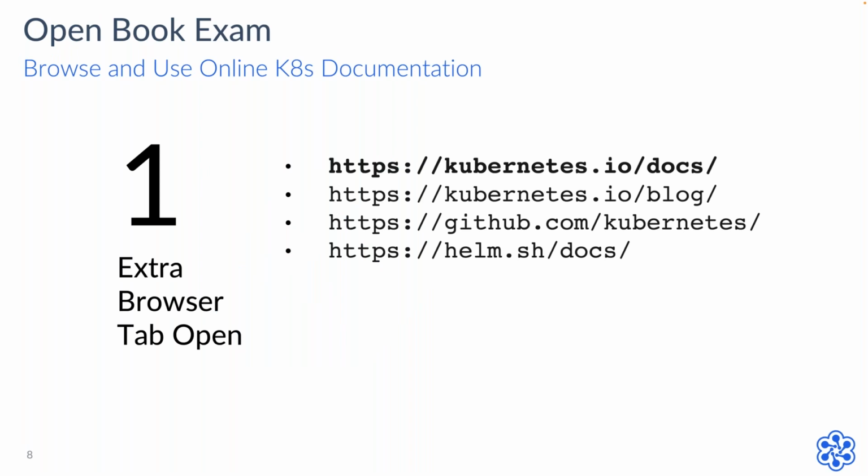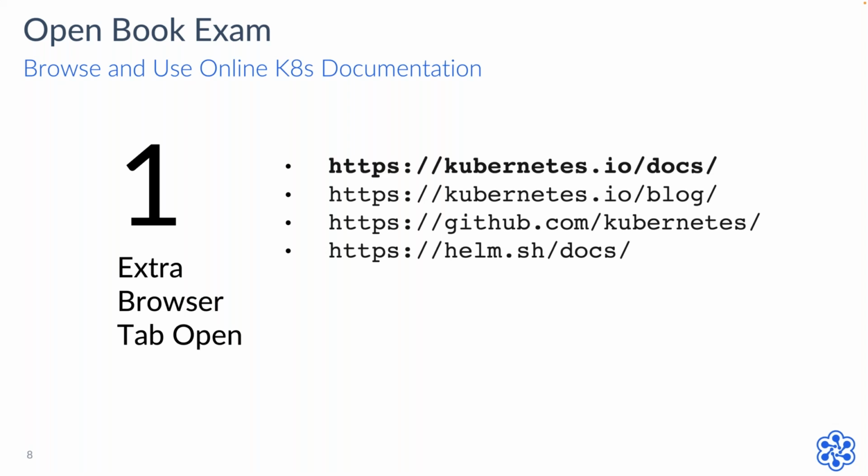The exam is an open book exam. What this means is you have access to the following online links. You're able to go to these websites, which you can then leverage the documentation on. Now I've highlighted the first one, which is the kubernetes.io/docs documentation site.